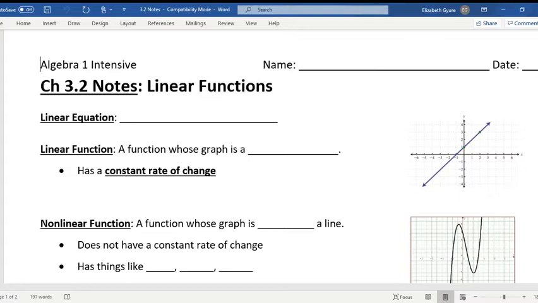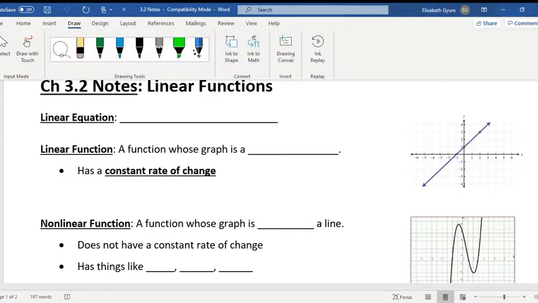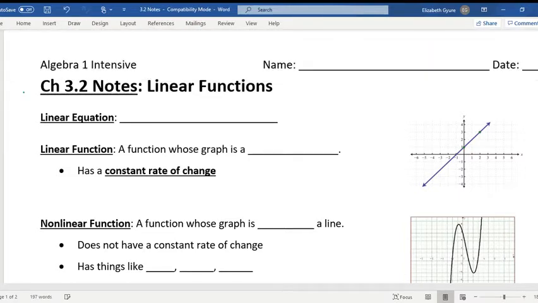So a linear function is generally, I would say, 80% of the time in the form y equals mx plus b. You guys remember that from back in the day? A linear function is a function whose graph is simply a line.